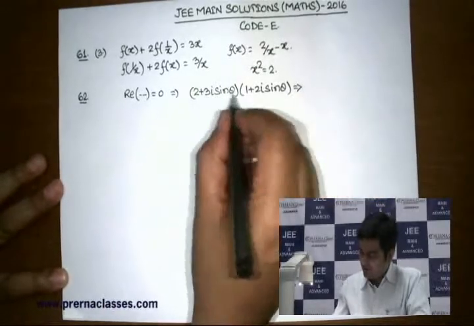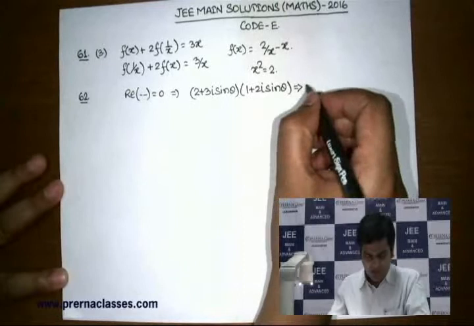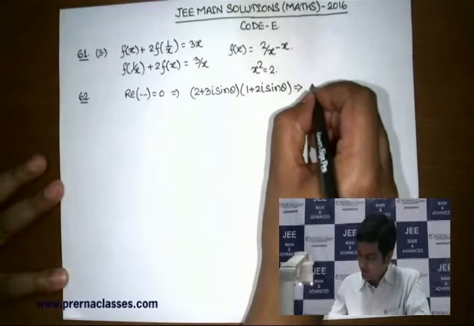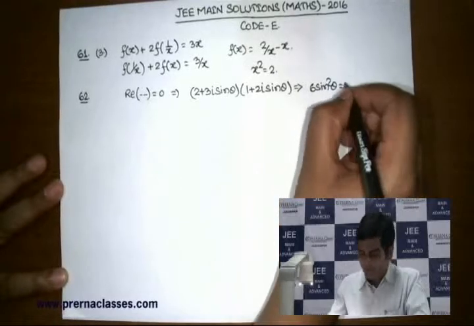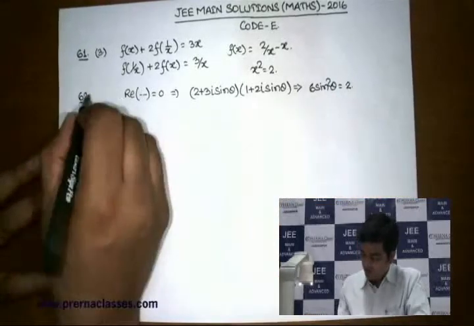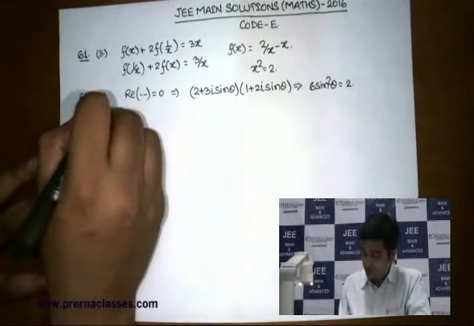All you need to do is figure out the real part of this quantity and make it 0. If you do that, you will find that 6 sine square theta is equal to 2, which is clearly going to correspond to option 4 in that problem.